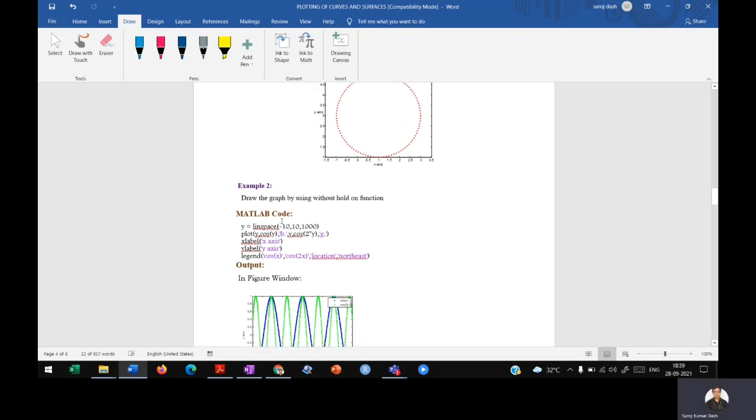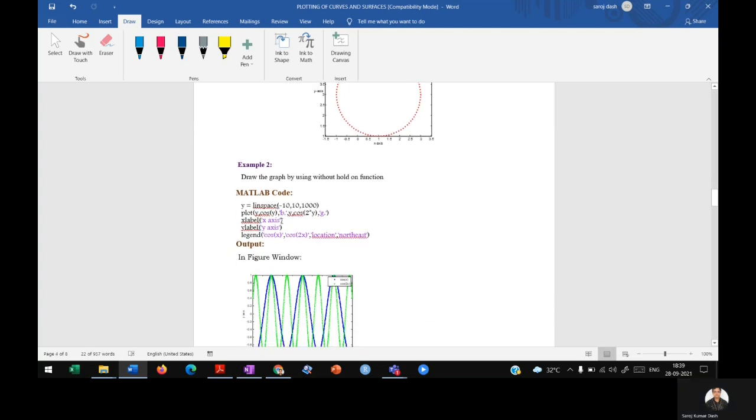Now see, draw the graph without using the hold on function. What is the hold on function? Hold on function basically tells MATLAB, if you are plotting two curves, not to discard the earlier one.